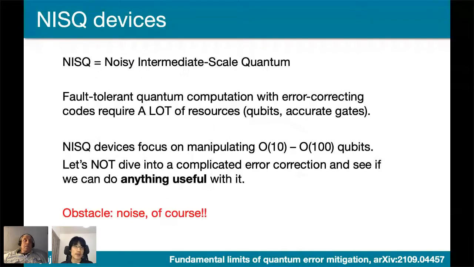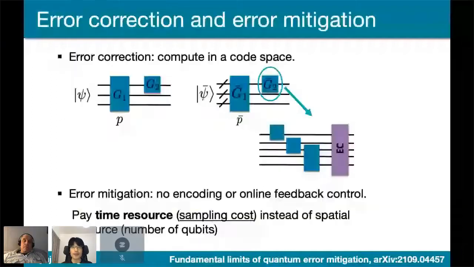So now, what is the problem here? The problem is, of course, noise, right? Because declaring that we do not want to use error correcting codes does not mean that we can actually get rid of noise. So we need to deal with it somehow. So this is how we are going to use this quantum error mitigation idea.